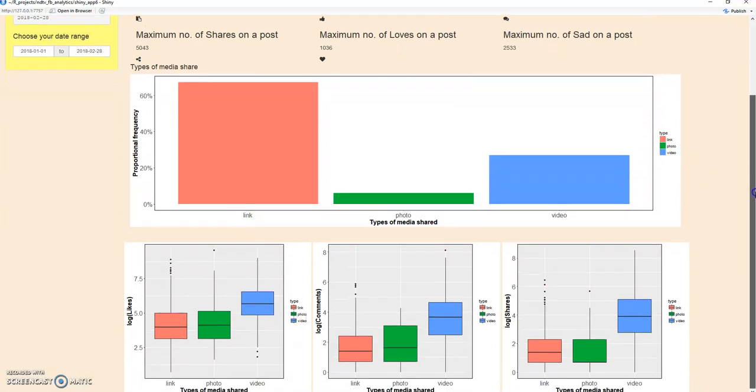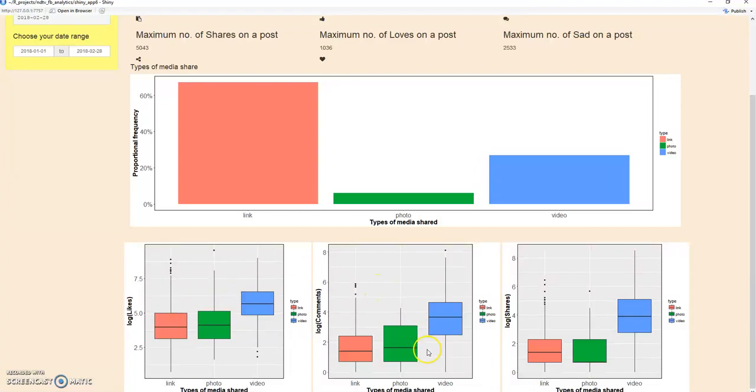Let us next look at the type of media shares and what type of likes, comments, and shares these media garner. You can see in the left graph that videos are the ones that are mostly liked.